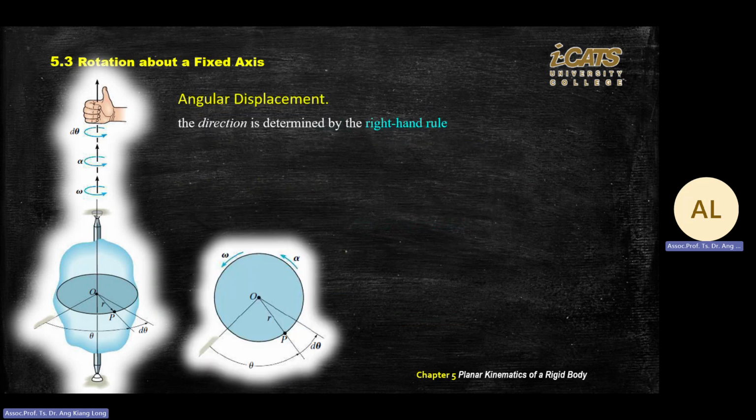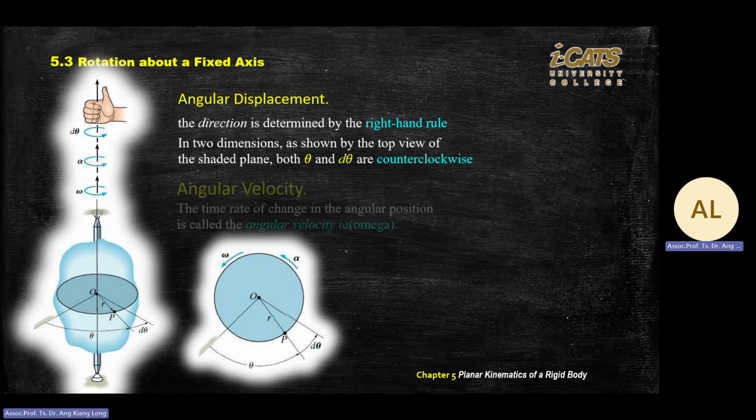So this is another diagram if you look from the top. You have a circle, right hand rule, anti-clockwise angle, anti-clockwise positive. So we start to introduce angle in velocity, velocity in angle form, which is called angular velocity. We use omega, W in italic form or in Greek form.